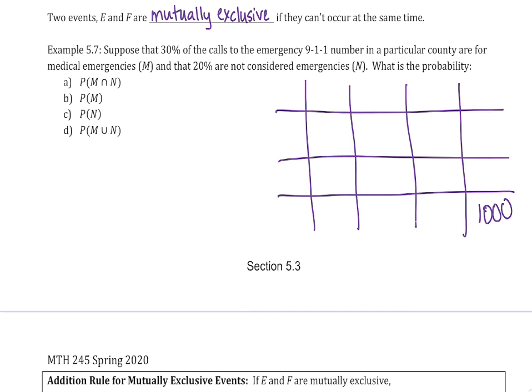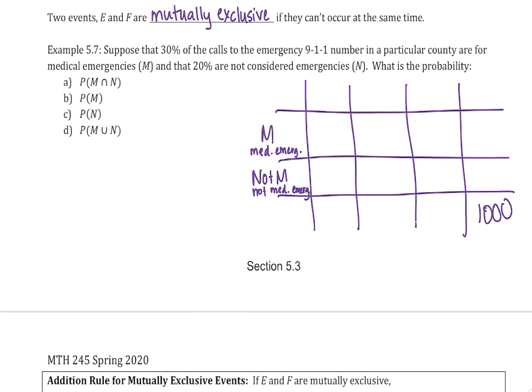So labeling this one's a little bit tricky. So what I'm going to do is put some words along with this because otherwise I get really confused. So we have our medical emergencies and our not medical emergencies. So medical emergency and a not medical emergency.